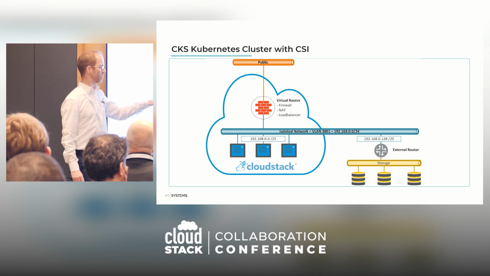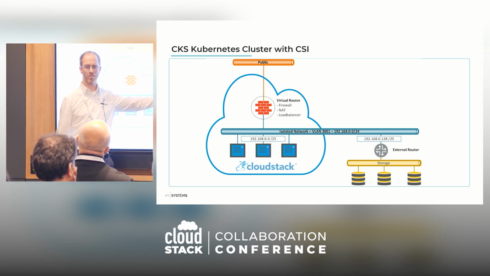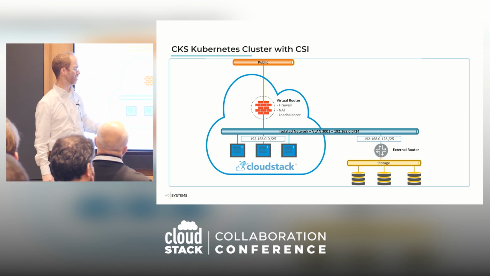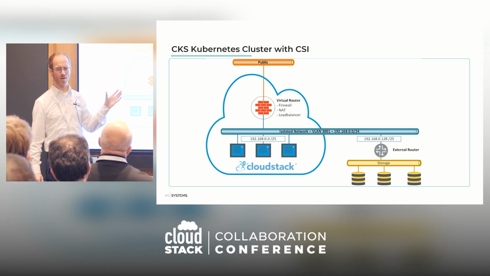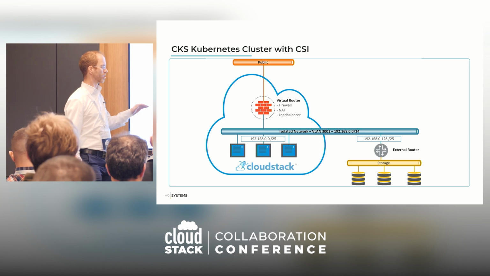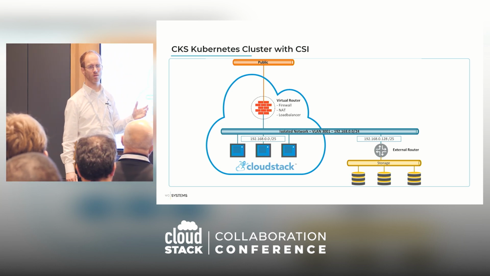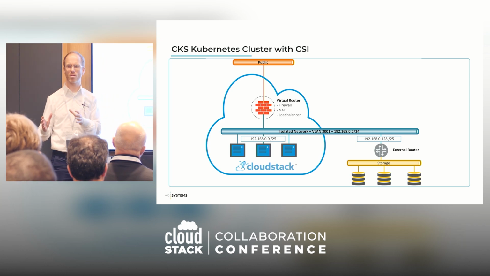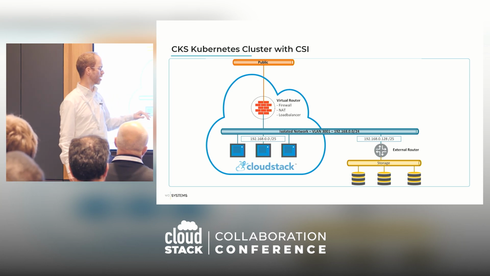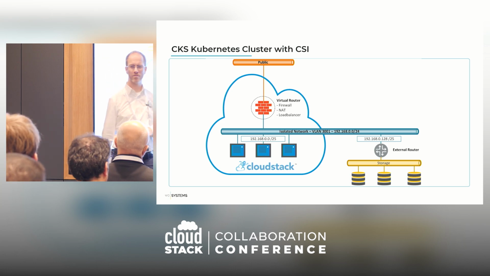But usually the virtual router takes care of providing IP addresses within this network. So with the API, the updateNetwork command, I think, you can tell the virtual router which IP addresses it should use for its DHCP pool. So we split this /24 network into 2 times /25.